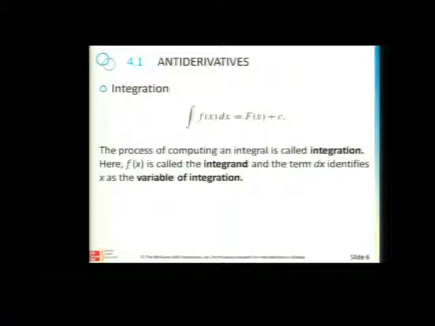Now, in this definition of indefinite integral, there are a few terminologies. First of all, the process of doing the integration: you want to integrate a given function, and the result is the antiderivatives. This process is called integration. And within this antiderivative, the f(x) inside here is called the integrand.